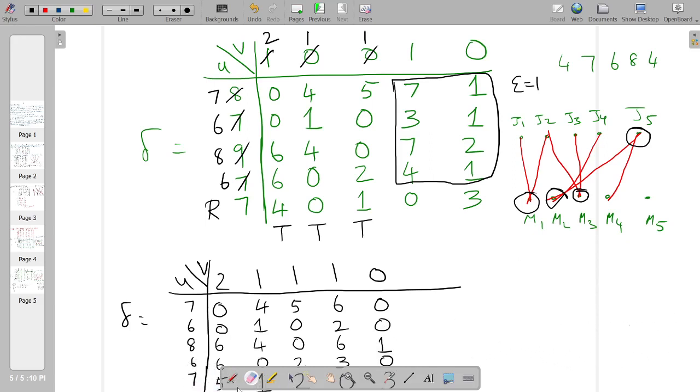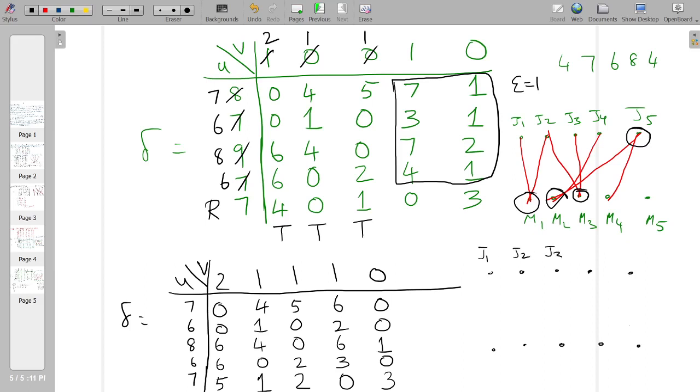So now what you have to do is find whether an assignment is possible. For that you mark 5 vertices in one partition and 5 vertices in the other partition. Call the jobs J1 to J5 and machines M1, M2, M3, M4 and then M5.